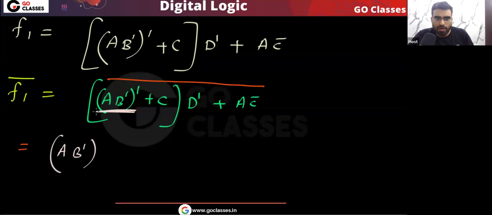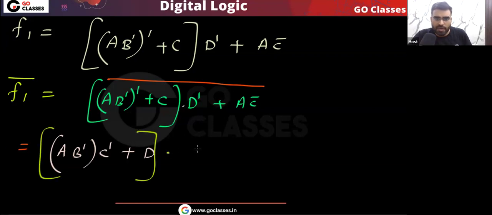Okay, the complement of this, remember, very simple. This will become and, the complement of this will become c bar. Now this and will become or, so it will become or d. Correct? Okay, this will become and, here the complement will become a bar or c.